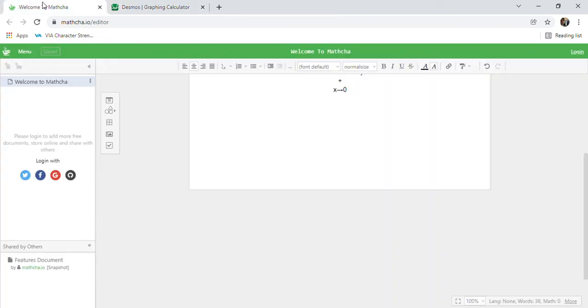So I can describe this algebraically as average rate of change equals y2 minus y1, all divided by x2 minus x1.